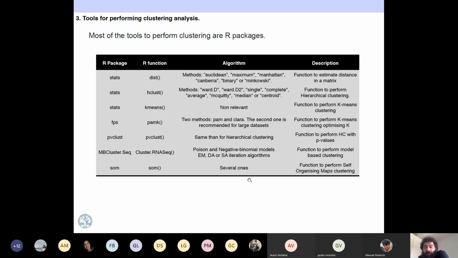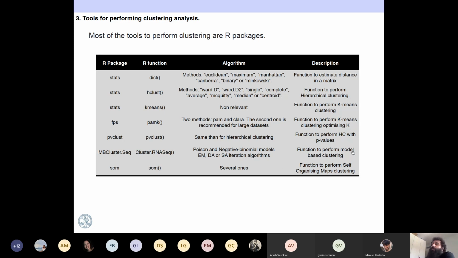And in terms of us, we can play just with these tools that I have in this table, which are the most common ones used for RNA-seq analysis. Usually you use dist from stats to calculate the distances. We already did that. And then hclust to do hierarchical clustering, or kmeans to perform k-means clustering. Then another important tool is the fpc package, because it has methods to compare clusters and optimize clustering. pvclust is a different package, and this is interesting because it can also perform different hierarchical clustering and assign p-values.